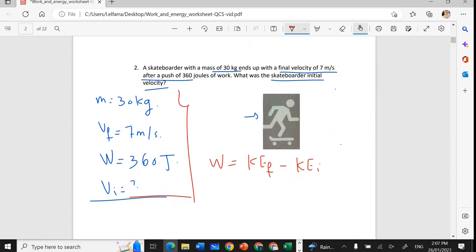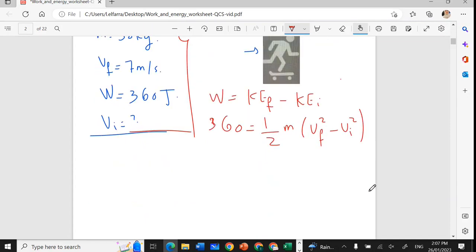Since they have the same mass, W is 360, equals half, m times the quantity v final square minus v initial square. I just took m outside as a common factor. So cross multiplication. Okay. 360.